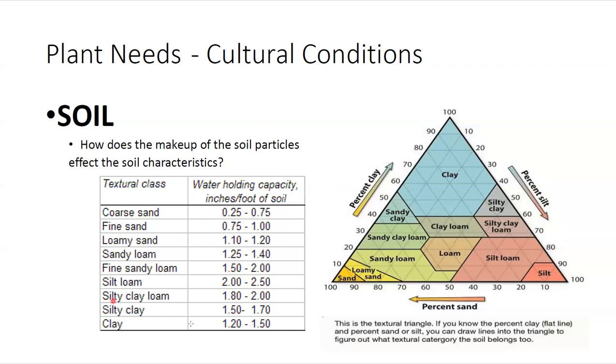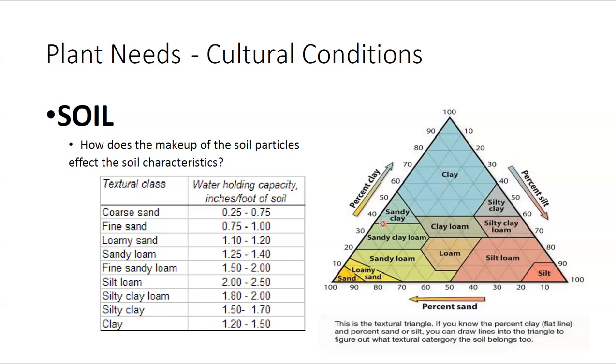Flip to the opposite end of the spectrum, and it can hold well over twice that in a clay soil. So that's the characteristic we're looking at: what's the capability of this soil type, and what's its ability to hold water?